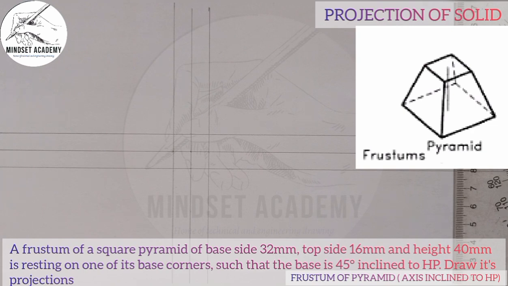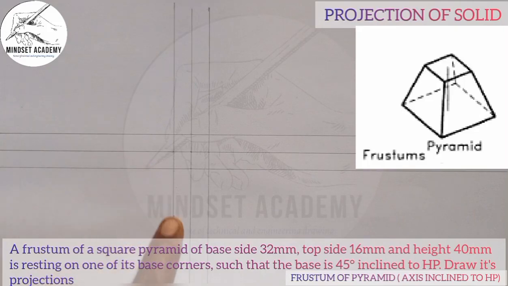What you do is you take your instrument, right? And you can easily measure from here. So now we'll start. We were told each of the sides of the base of the pyramid is 32, right? So what I really want is for the edges of my pyramid to touch my plane here.